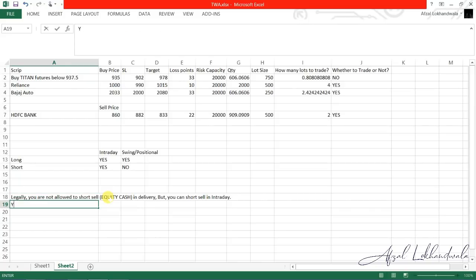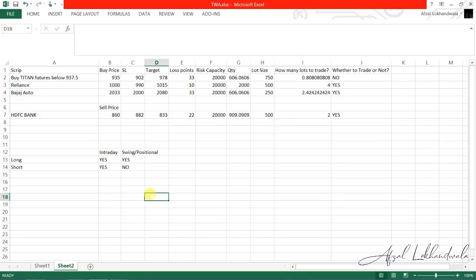However, you can short sell in futures. Whether it is intraday or positional, you can do short selling in futures, but when it comes to short selling in equity cash, you can only do it in intraday, but you cannot do it in equity cash in delivery. If you do it, you will be charged with a penalty. So please do not do it.